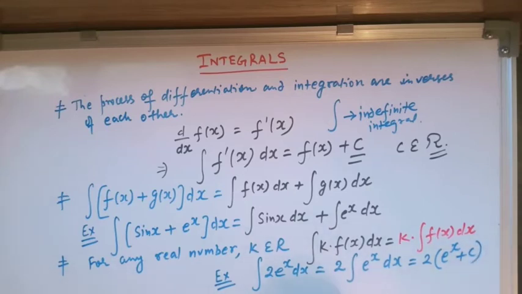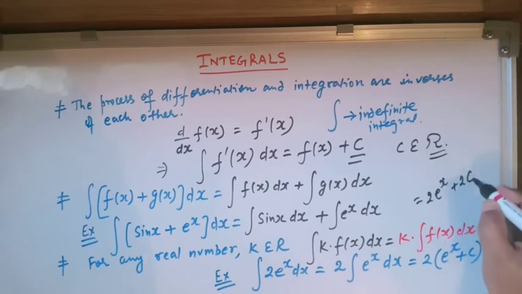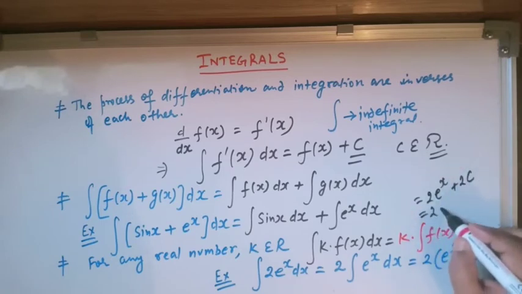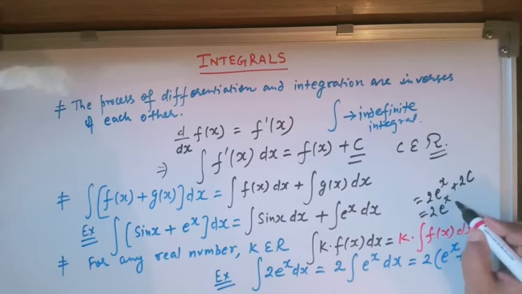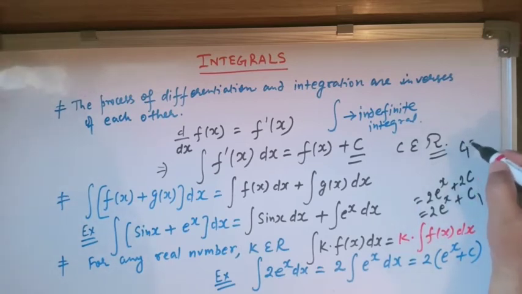Clear? And then we write this expression as 2 times e raised to x plus 2 times c, and this can be written as 2 times e raised to x plus 2c, which can be replaced by some other constant of integration, say c1, and c1 is 2 times c. Clear?